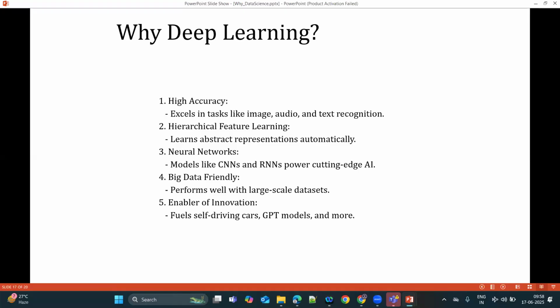Moreover, we use deep learning algorithms when we have text data, audio data or image data; at that time, we mostly use deep learning. Deep learning has neural networks like CNN, RNN, and ANN. And of course there are deep learning technologies like GPT models; for example, ChatGPT is one of the GPT models.